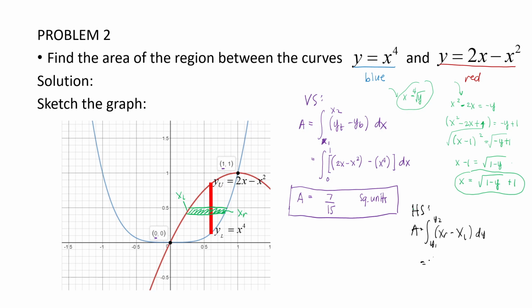So y1 is 0, y2 is 1, still the same, 0 to 1, but now our x right is the blue graph, so that would be the fourth root of y, minus x left, the red graph, which is the parabola, that would be the square root of 1 minus y plus 1. So try plugging it in your calculator if it can. Square units.